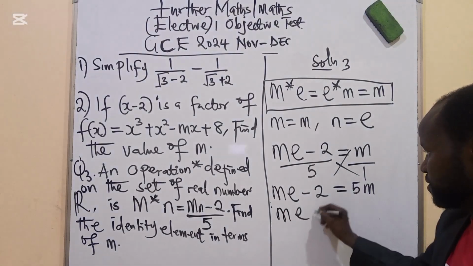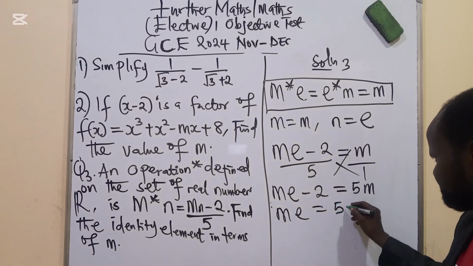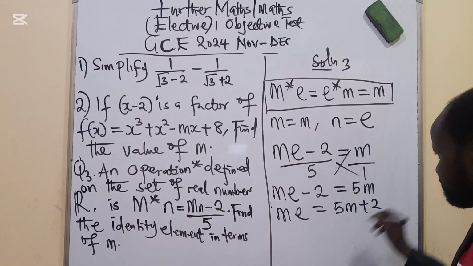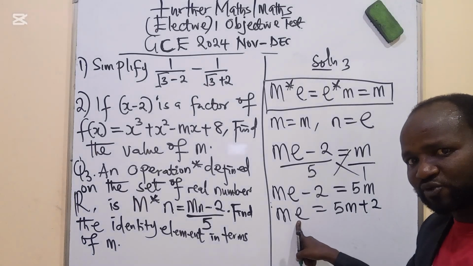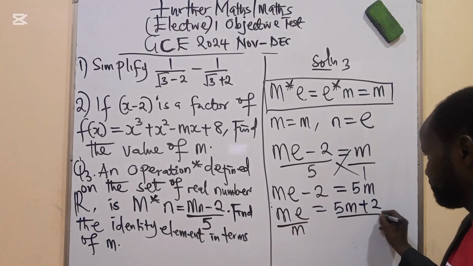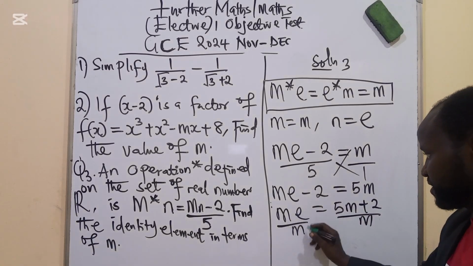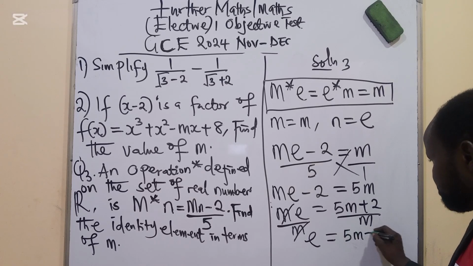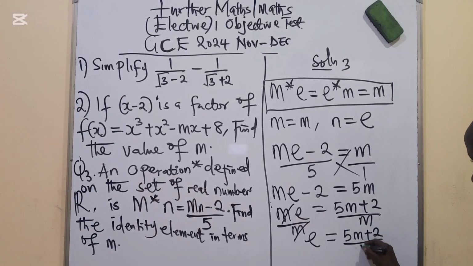This will be me equals 5m. This is minus 2, crossing the equals sign, it will be plus 2. To make this identity element the subject of the formula, we divide both sides by m, the variable which is the coefficient of that identity element. We're left with the identity element e equal to 5m plus 2 divided by m.